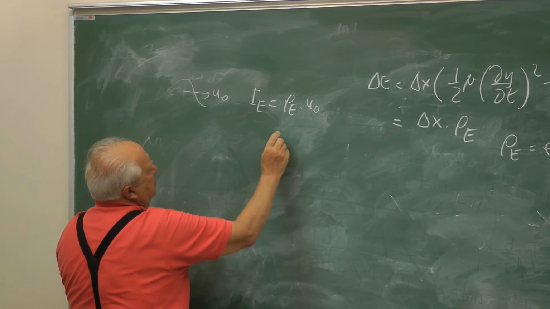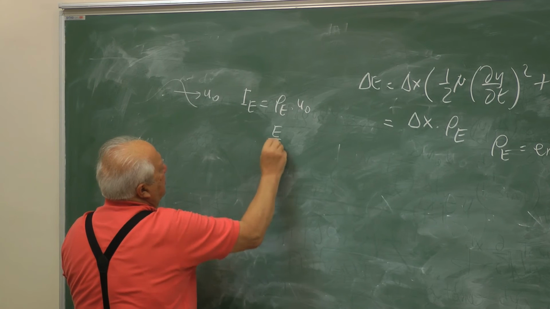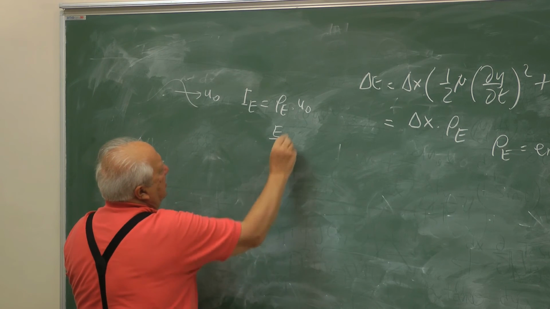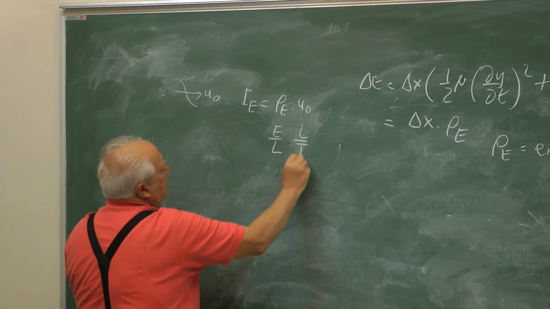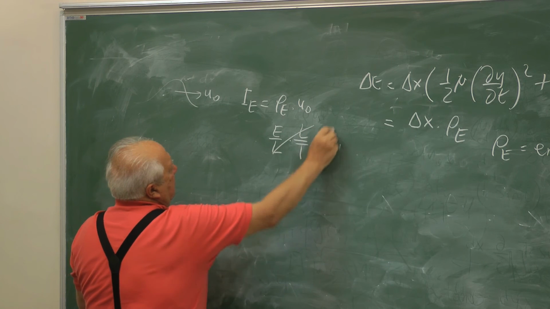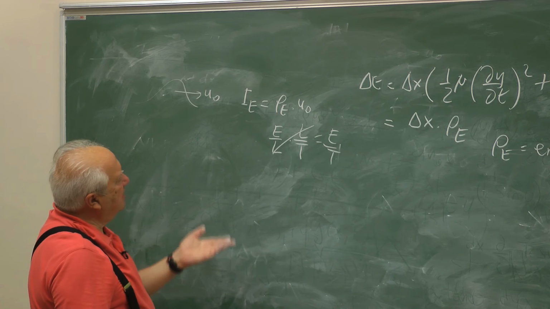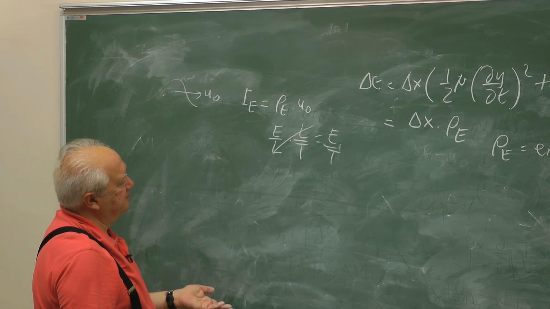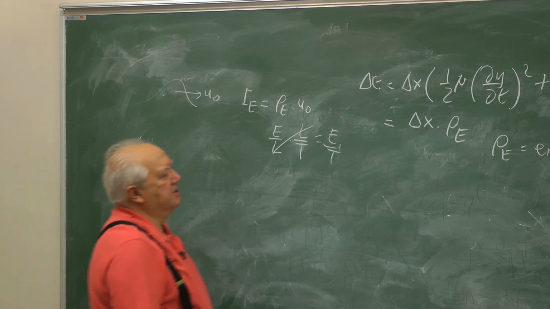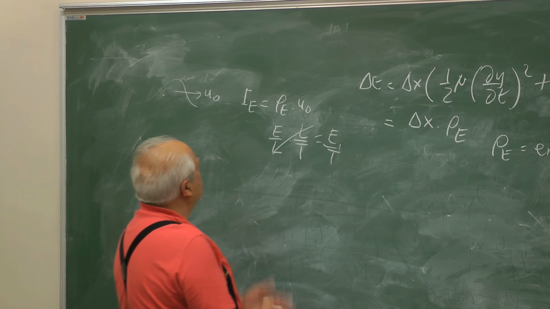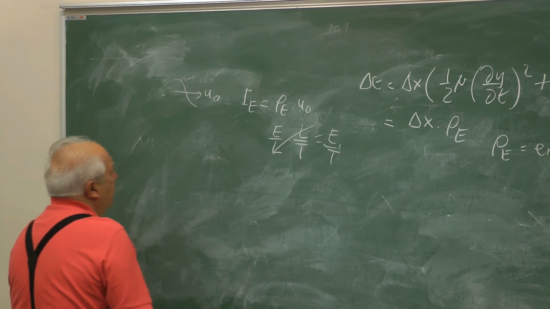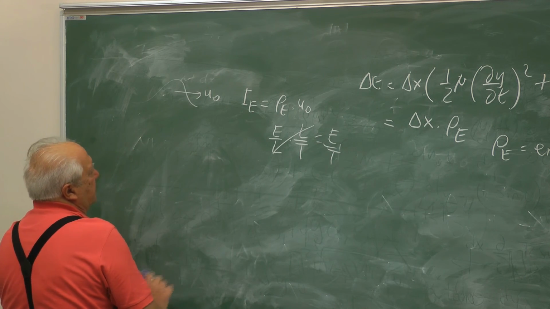Let's check the units. This is energy per unit length, and this is length over time, the velocity. So it's energy per unit time. It is the current of the energy. It's like electric current, which is charge per unit time. Okay, so we defined that.